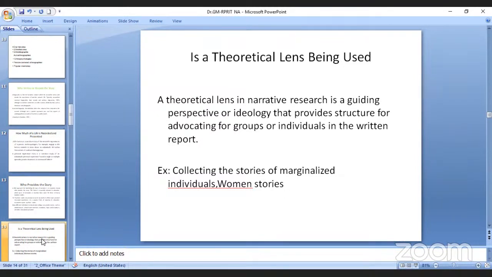It must be a written document. For example, collecting the stories of marginalized individuals or women's stories. Marginalized means nomadic tribes, scheduled castes, scheduled tribes, their history and their background. Then feminist, that is women's stories.